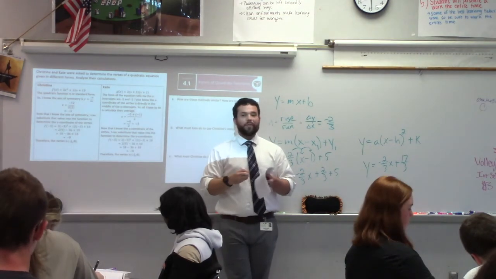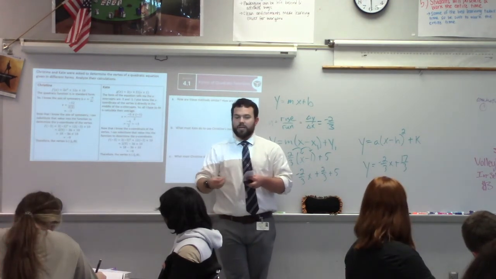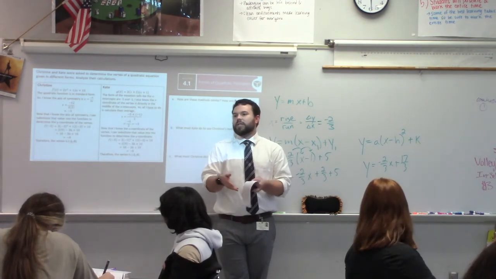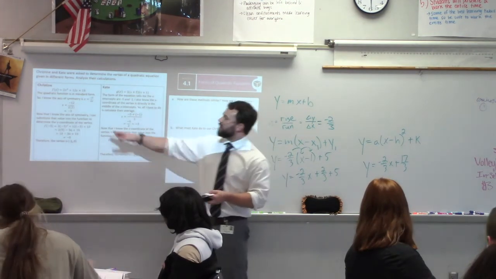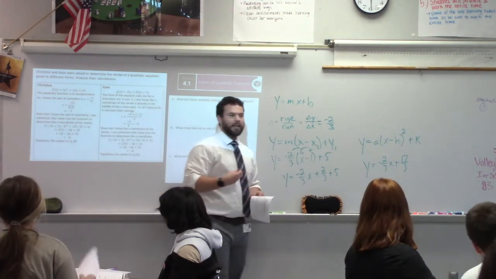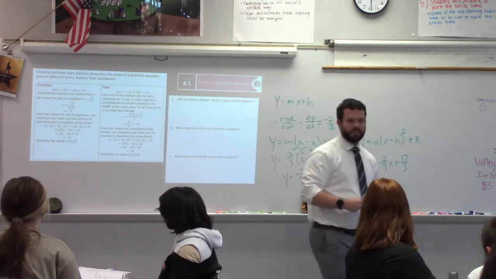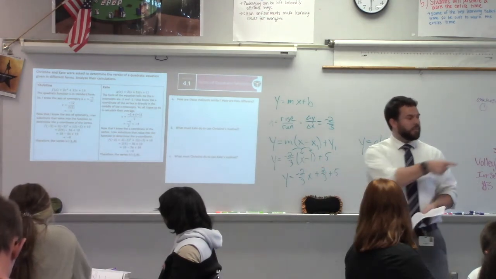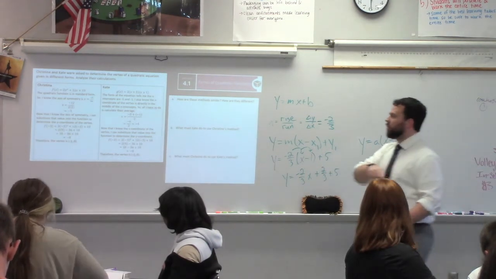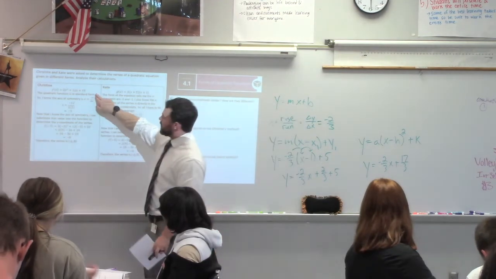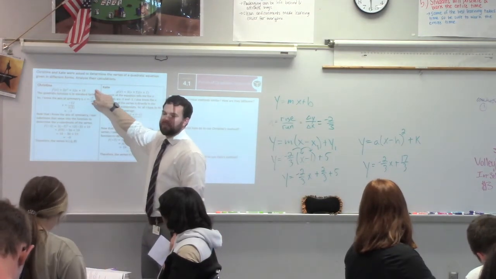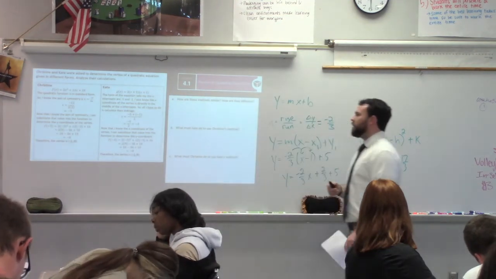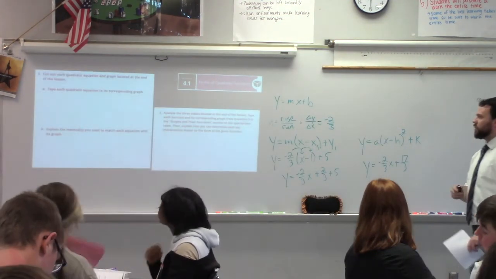So remember, if you have the factored form, you can find the vertex because the x value is the average of those x-intercepts. If you have standard form, how are you going to find the x value of the vertex? We need that negative b divided by 2a to have the x value, and then we substitute in. So you need to be able to find the x value of the vertex to get you started.